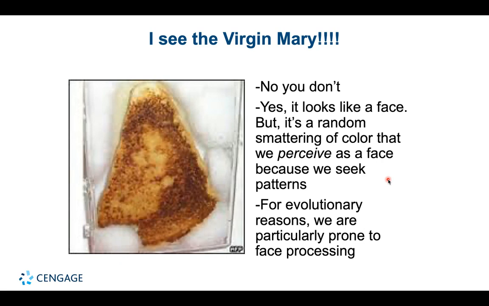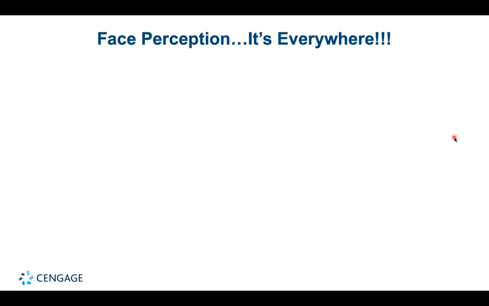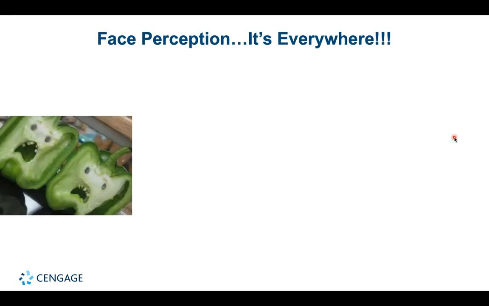And so we have evolved dedicated processing for faces. We mentioned it in the lecture on chapter 2 with prosopagnosia and face processing. You have a little piece of your brain that all it does is look for and process faces, because faces are evolutionarily relevant. And so we tend to over perceive faces. For example, this cut green pepper looks like it has a face on the inside of it.